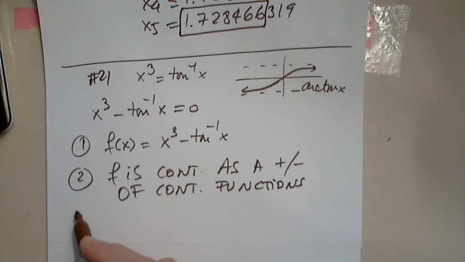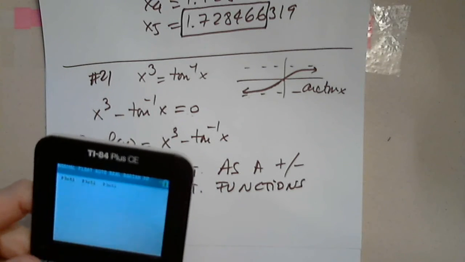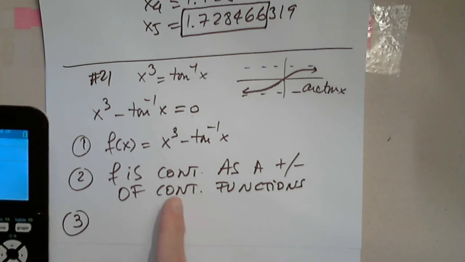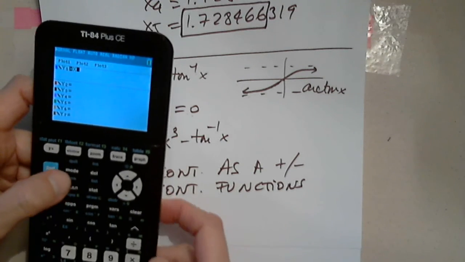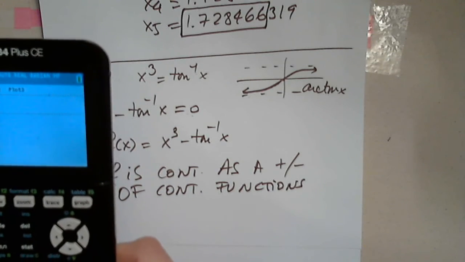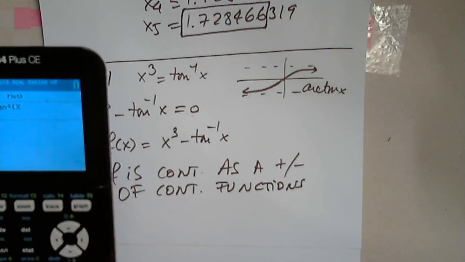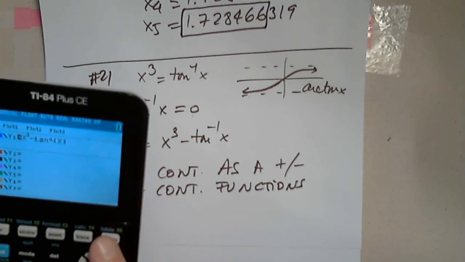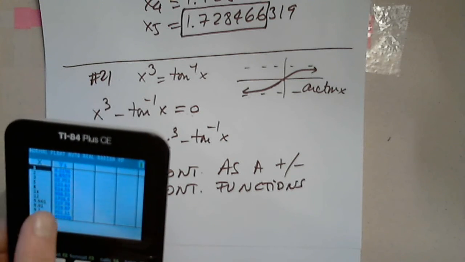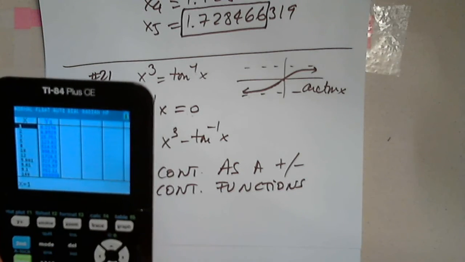In step number 3, I will put the function in the calculator because I need that interval. I don't know where to start. So x cubed minus arctangent x, close the parenthesis, and go to second and table. So obviously they're extremely large numbers, so I have to go to the negative side.